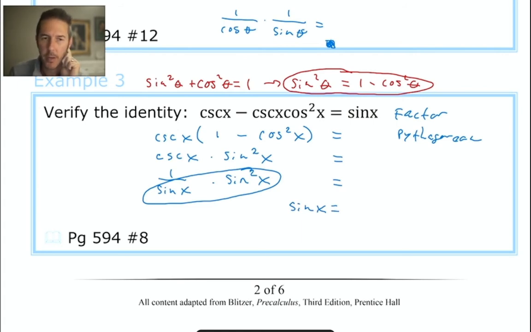I left out a note about a step that we did when I changed cosecant x into 1 over sine x. That's a reciprocal identity. And then if you want to write simplify or reduce, you could. It has been shown that the left side equals the right side.